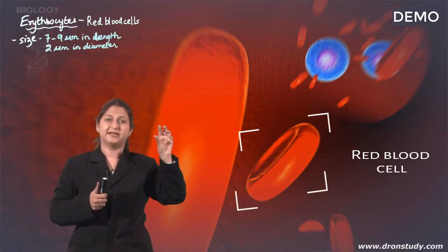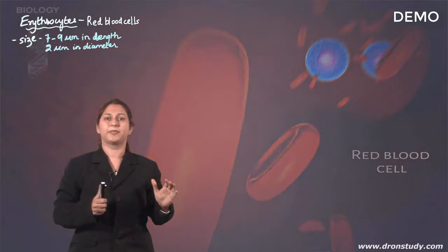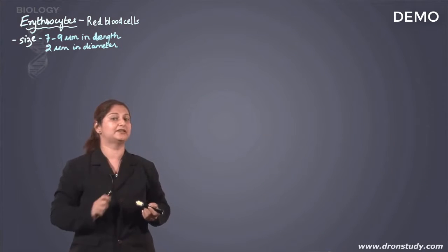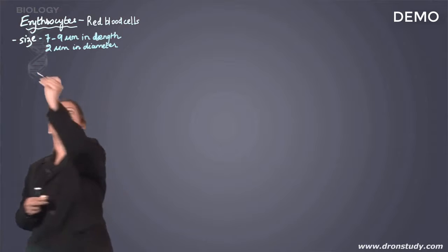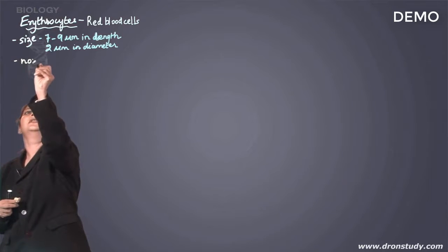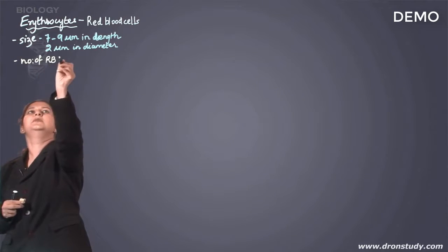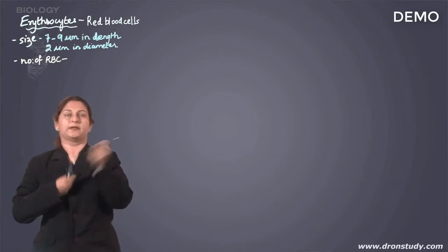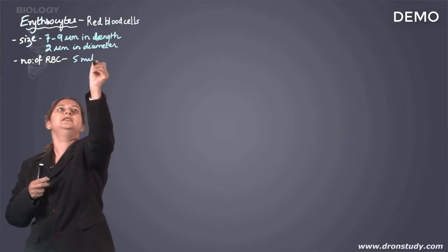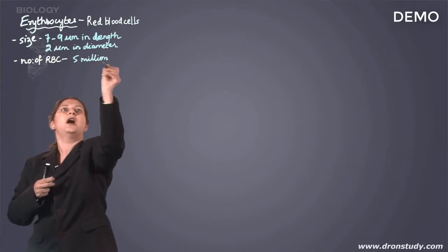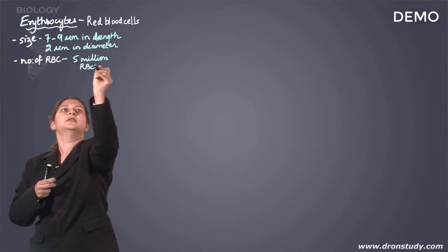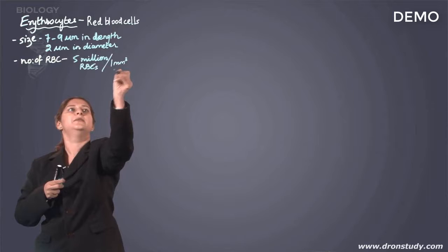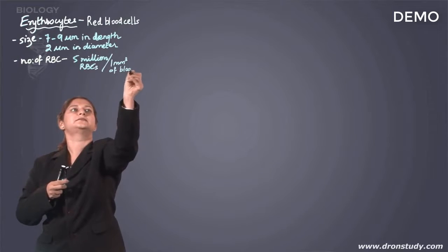Now, the red blood cells are maximum in number in the blood, and because of the red blood cells we get the characteristic red color. So what is the number of RBCs? We have almost 5 million RBCs per 1 cubic mm of blood.